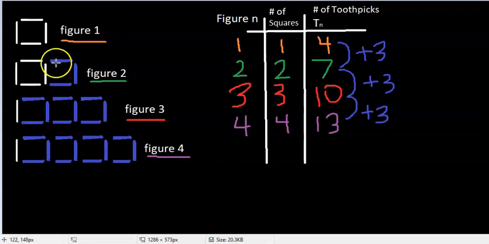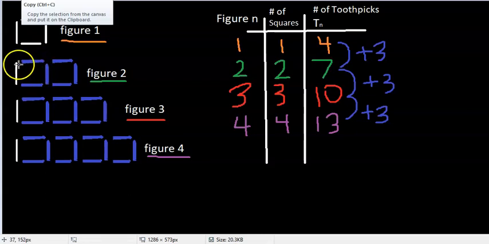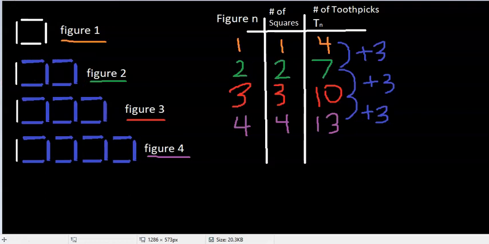The same goes for figure 2, 3 toothpicks, another 3 toothpicks, with that initial white toothpick makes for 2 squares. And this pattern of 3 toothpicks is also observed in figure 1. Three toothpicks and that initial toothpick make for square 1 in figure 1.